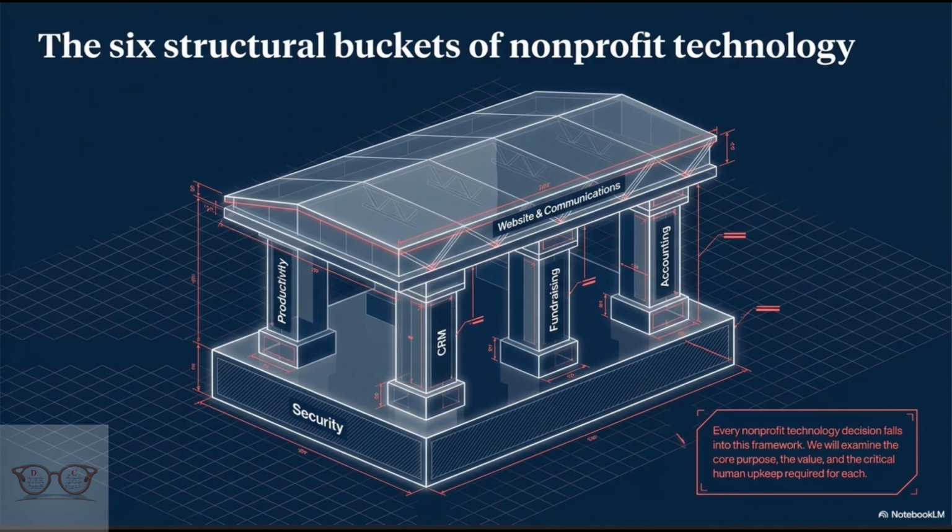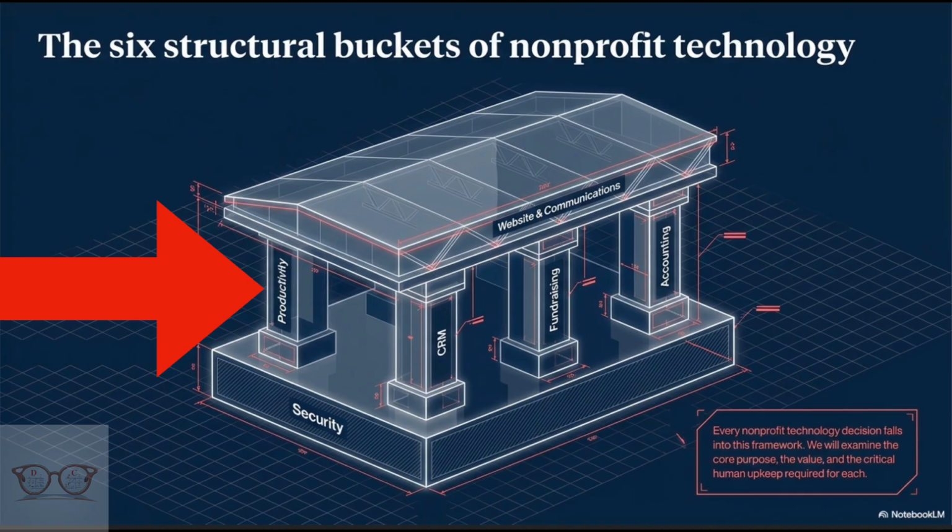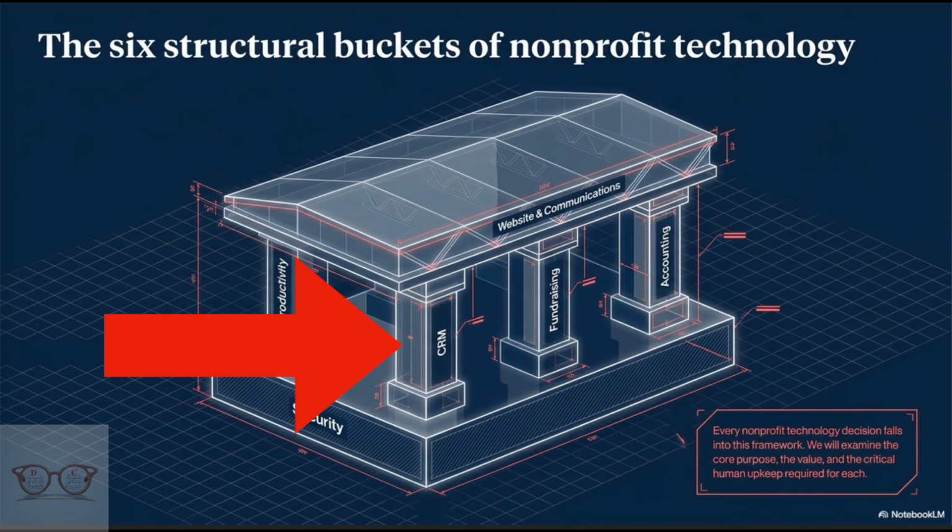So here's the framework. Six pillars, six buckets that basically every nonprofit technology decision falls into. The first is productivity and collaboration, and that's how your team works day to day. The second is CRM, and that's how you track relationships with donors, volunteers, and beneficiaries.